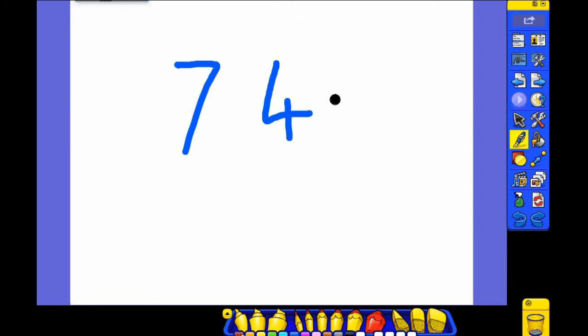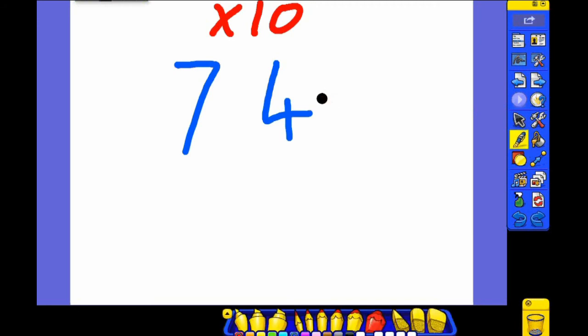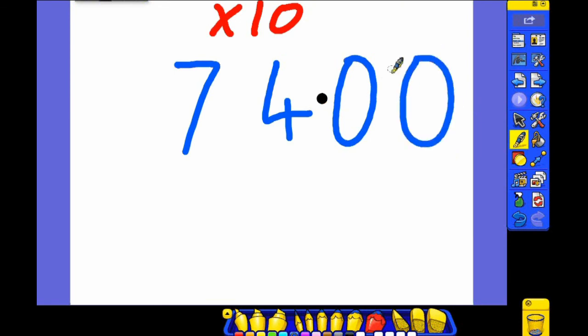Different number this time. Again, we're going to multiply it by 10, but you'll notice there's nothing else after the decimal point here. So you might be thinking, well, how do we make the decimal point jump something if there's nothing there to jump? Well, the thing is, after a decimal point, you can stick as many zeros as you want. So let's stick a couple of zeros on the end there.